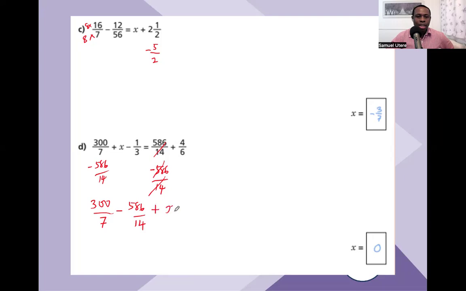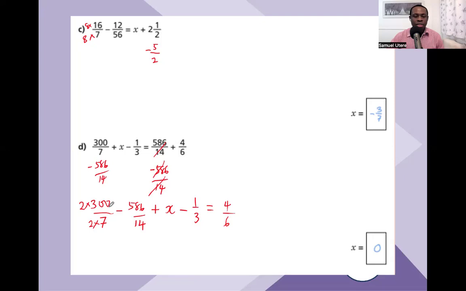Plus x, the x is still there. Minus 1/3, equal to 4/6. The next thing I'm going to do is, remember, I need to make this equivalent. So I'll multiply that by 2 to be 14, and I'll multiply that by 2 to be 14.